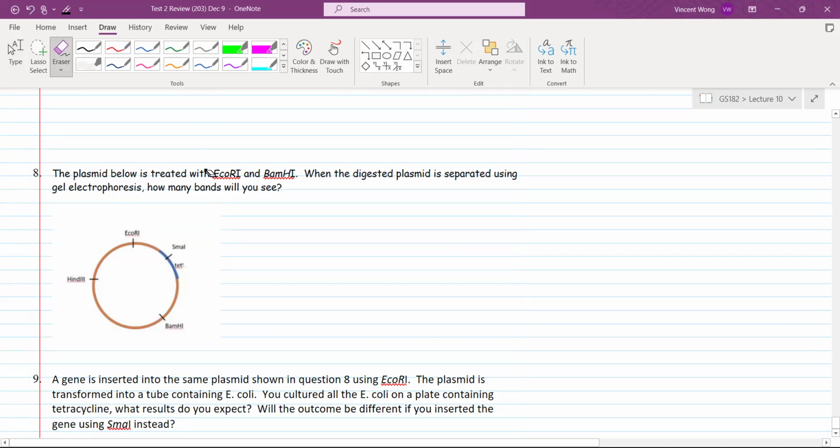The plasmid below is treated with EcoR1 and BamH1. So you cut here and you cut here, and it's separated with gel electrophoresis. You will have two bands. This would be a lower band because it's shorter, and then this here would be a higher band.